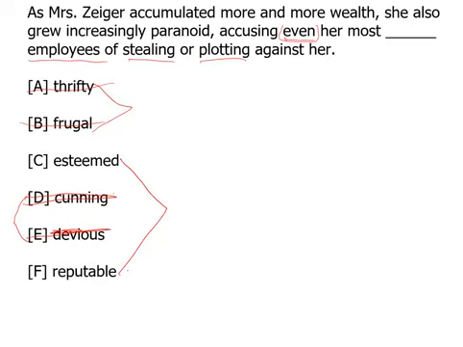So that's not what we want. What we actually want is something that contrasts with cunning, devious, stealing, and plotting. And that would be esteemed and reputable. If people are trustworthy, then it's kind of surprising that even though they're trustworthy, they get accused of doing these bad things. So this is the correct pair, and D and E are the opposite of correct. And so we've now successfully navigated a second question that actually had three pairs of synonyms.